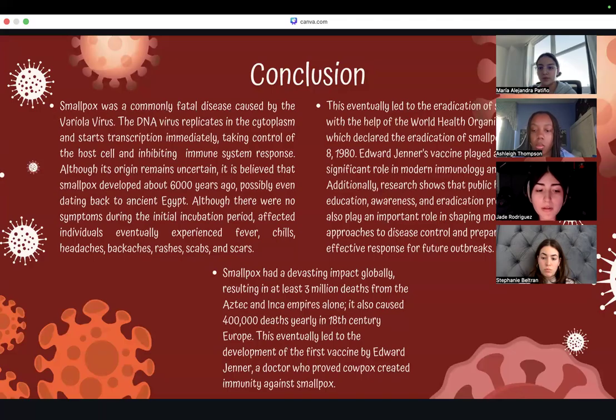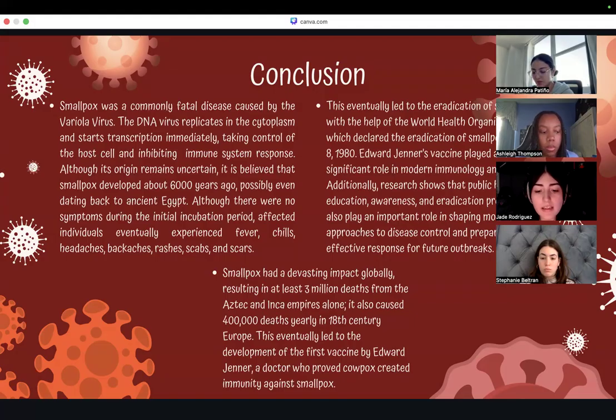Although there were no initial symptoms during the incubation period, affected individuals eventually experienced fever, chills, headaches, backaches, rashes, scabs, and scars, among other symptoms.